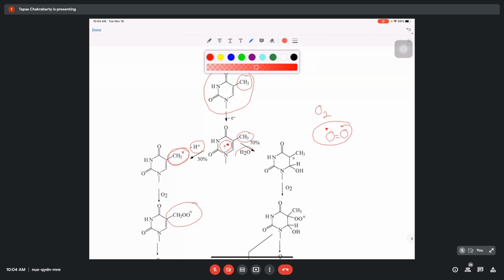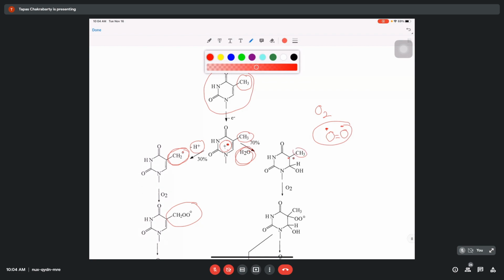Then basically this water molecule reacts here, and after this water reaction, one of the OH groups becomes bound. I think you can just imagine here that one radical that you produced, then one water molecule, and this part has been bound. The radical is again now located at this position.